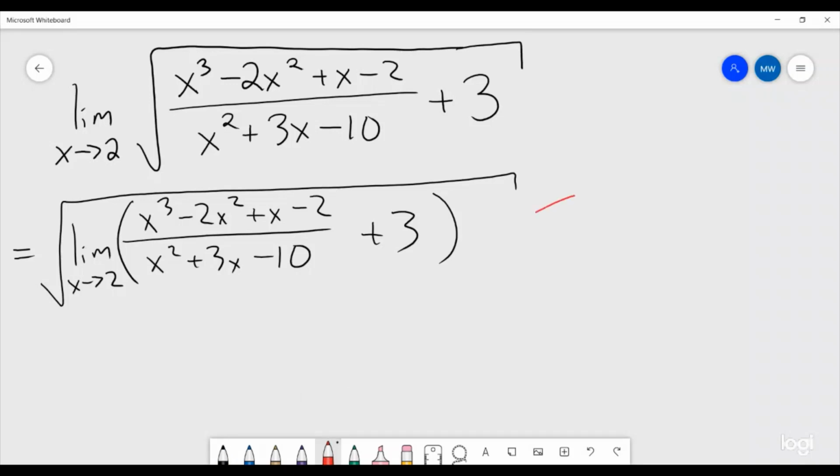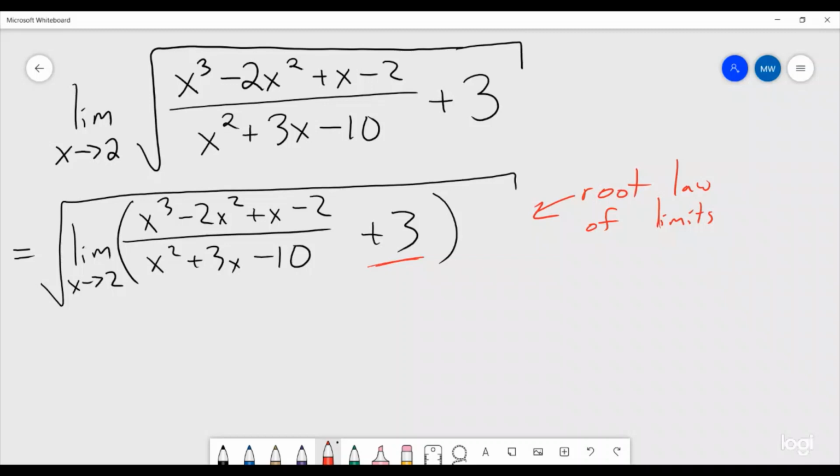So this is our root law of limits. So there we go. We used one rule to make it a little bit easier to deal with. Well, unfortunately, we still have the 0 over 0 thing going on. But we can't do anything with that directly because we still have this plus 3 hanging around.